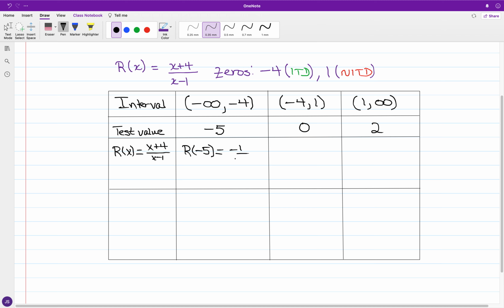So you're going to have a negative 1 to negative 6 ratio, and a negative over a negative becomes a positive. So we have the reduction here to be 1/6.